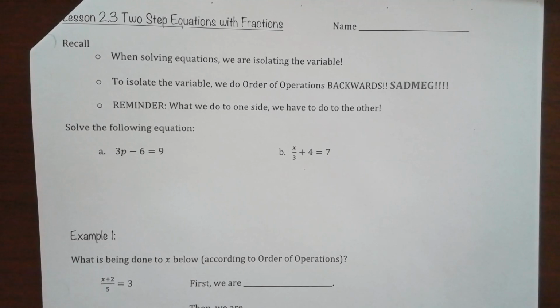So, when we're first looking at this, we are first adding 2, and then we're dividing by 5. We already knew what the order of operations was, but if you need the acronym, I will write it at the top.